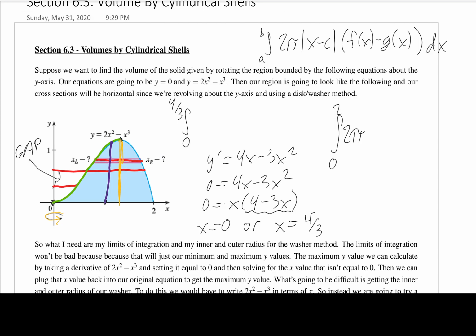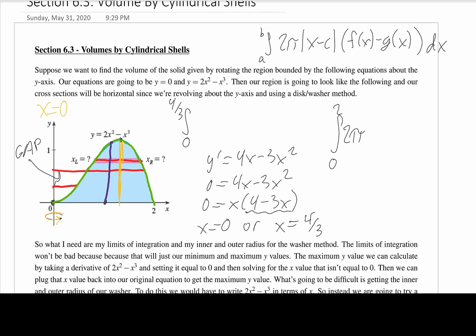What is this? In this scenario, we're revolving about the y-axis. So our axis of rotation is going to be x equals 0. So here's what I want to mention. If I take a point on, now I'm going to extend the screen curve out, if I take a point on the screen curve, it's going to be bigger than 0.